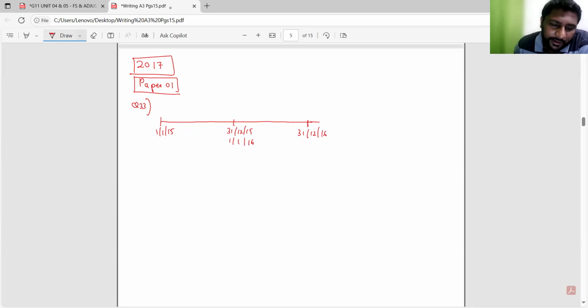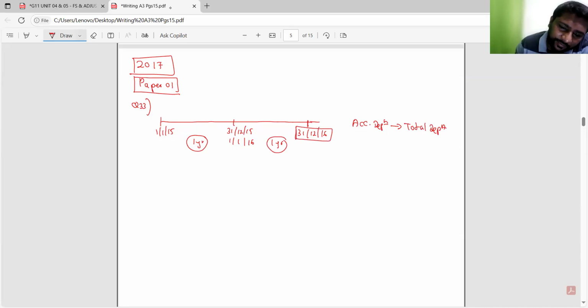Everything is same. Then what you have to understand, this asset is depreciated 2 years. Year 1, year 1. Altogether the asset is depreciated 2 years. So accumulated depreciation means total depreciation. Total depreciation up to this day is what they ask, up to 31st December 2016.